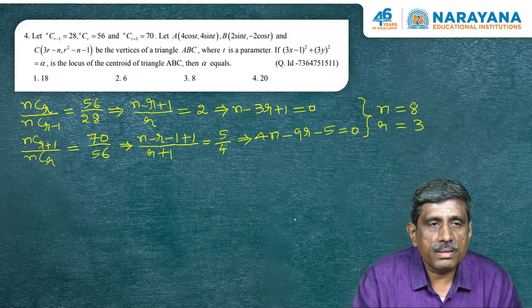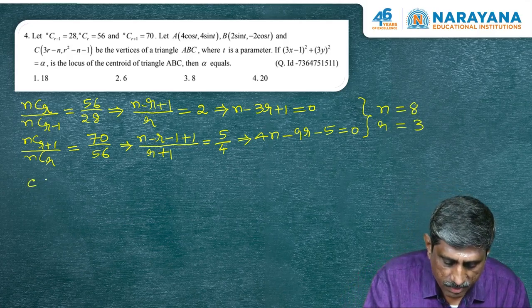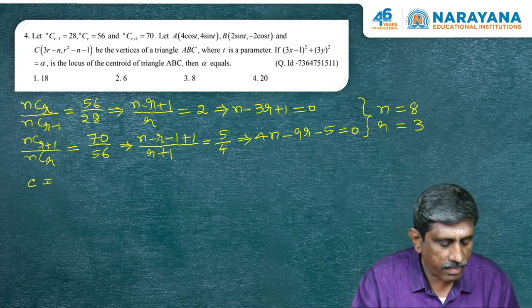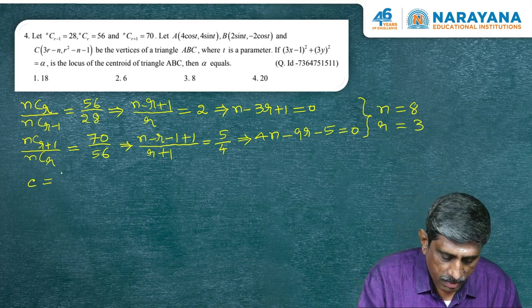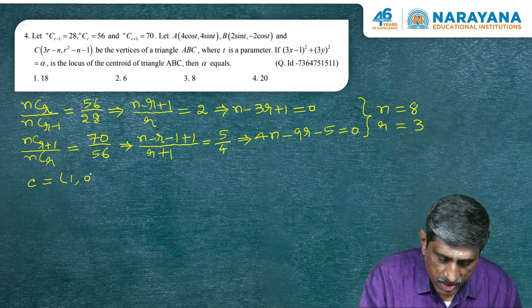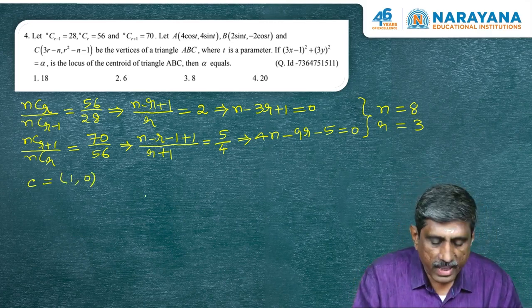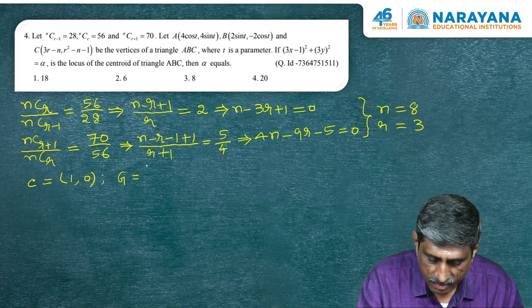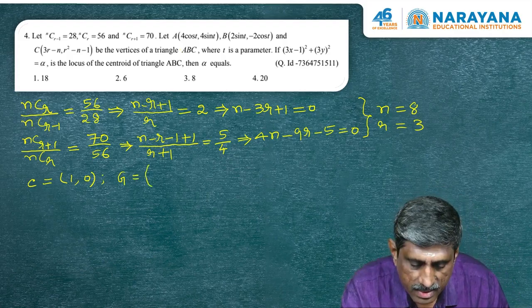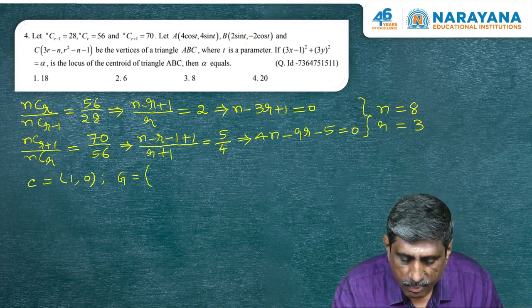Therefore, for the third point C, when we substitute n is equal to 8 and r is equal to 3, we get the point C as (1, 0). Now we find the centroid of the triangle ABC using these 3 points. The point A is (4 cos t, 4 sin t).